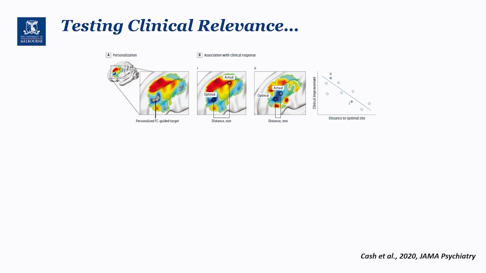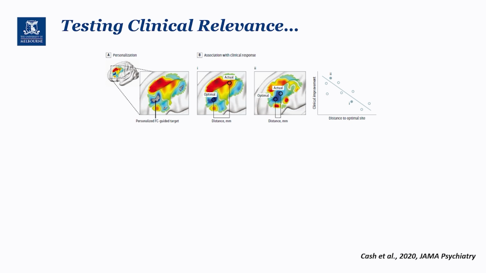And then we took an fMRI scan in those same patients as well. So what we did, we knew the person's actual stimulation coordinate that they received stimulation at, and we also had their fMRI scan. And so we applied our personalization algorithm to their fMRI scan and computed the optimal coordinate for that patient.